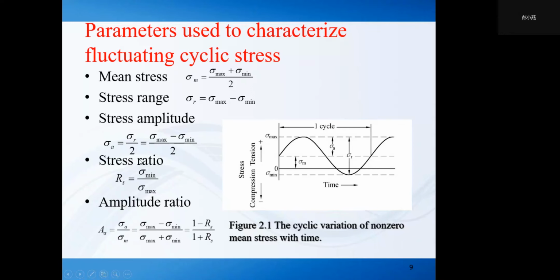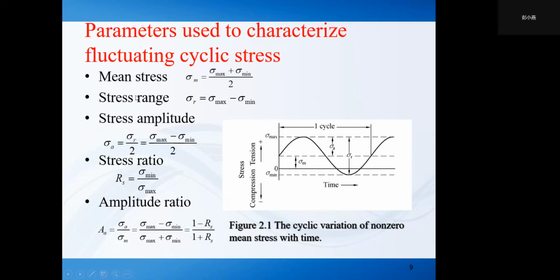If any 2 of them are known, the others are readily computed. The mean stress is the average of the sum of maximum stress and minimum stress.